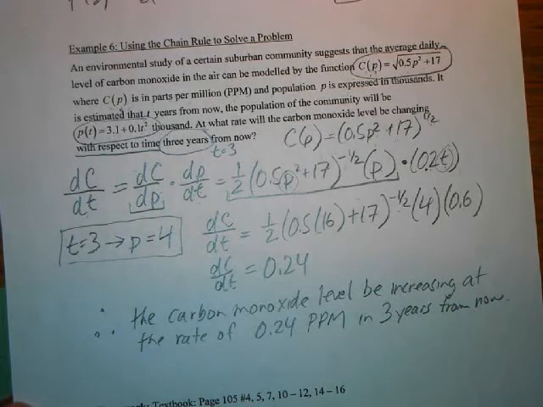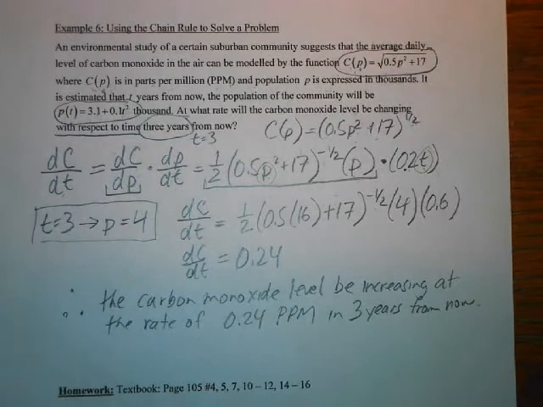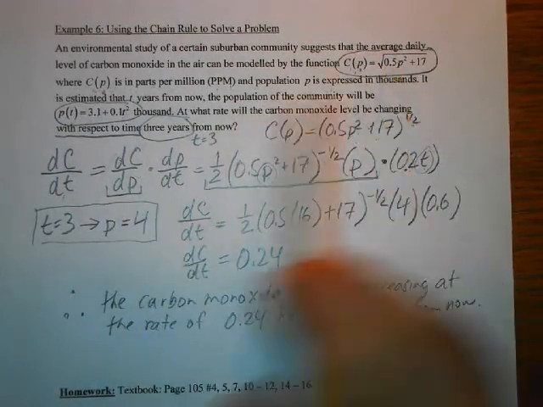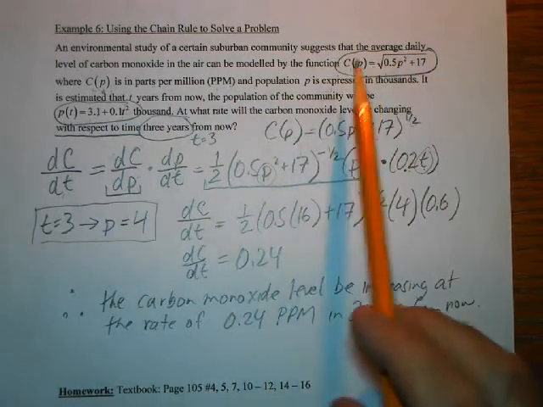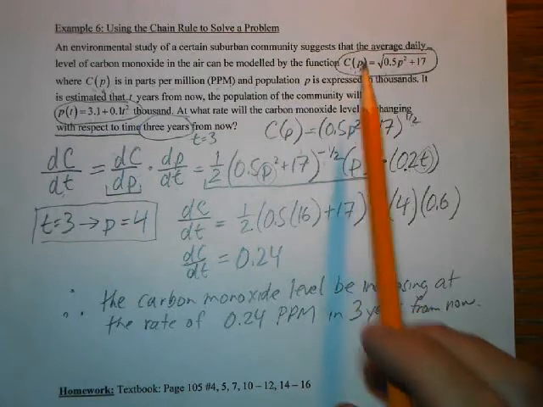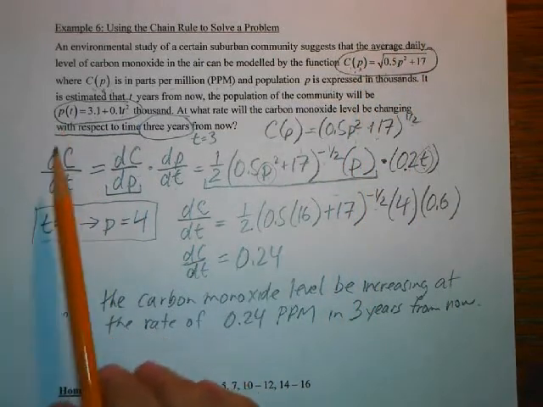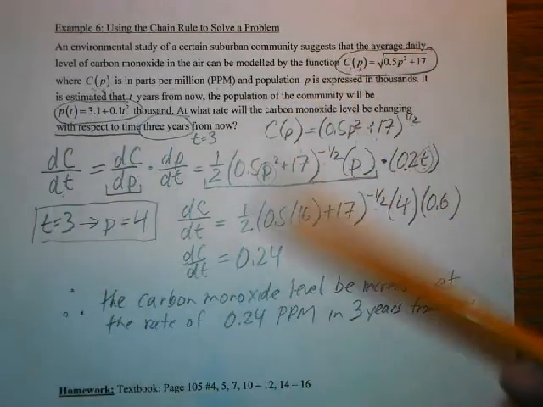Okay, so this is a pretty good question because you've got two things that seem to be not related to each other, like the carbon monoxide level with respect to population and the population with respect to time. How can we put those two functions together?